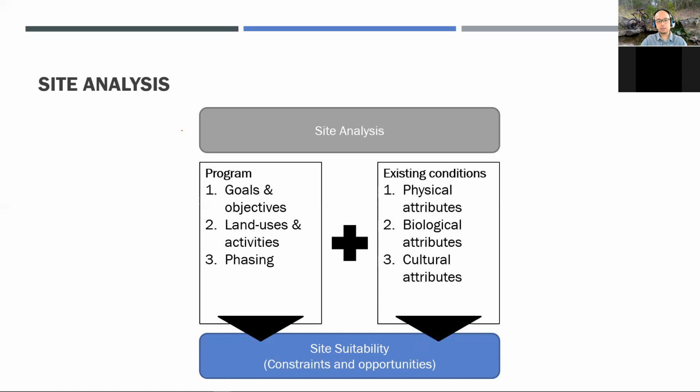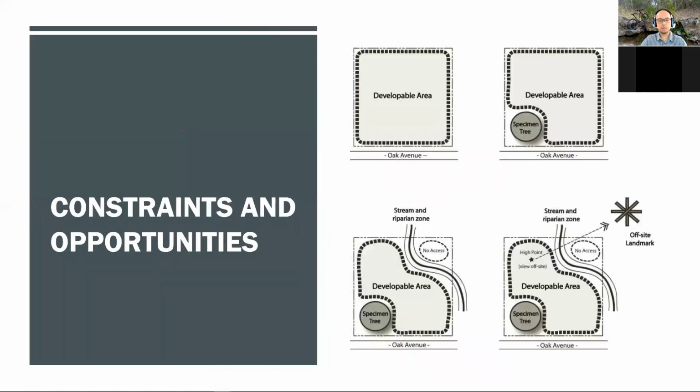Let's explore constraints and opportunities a bit further. For example, I think I've used this illustration before, but this is just to serve as a reminder of what possible constraints and opportunities are.